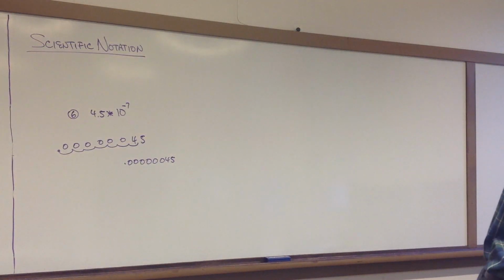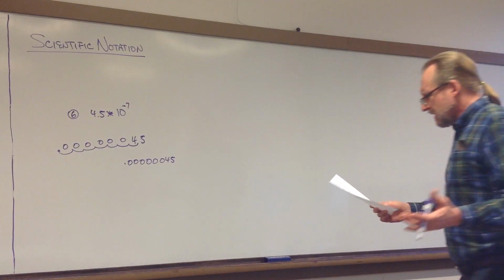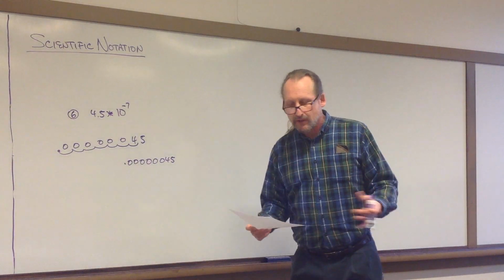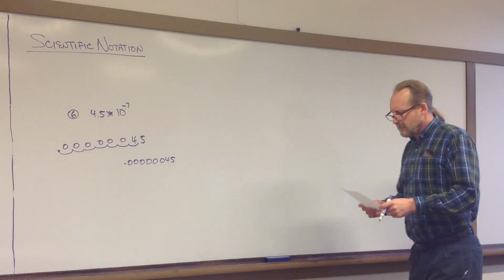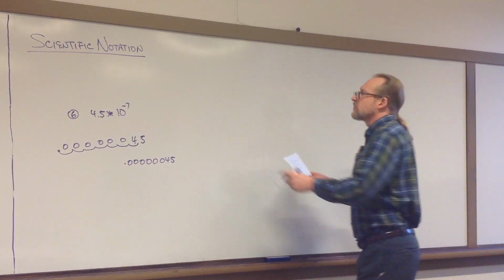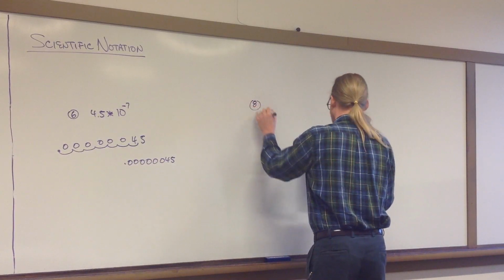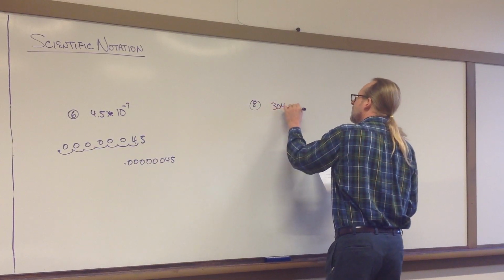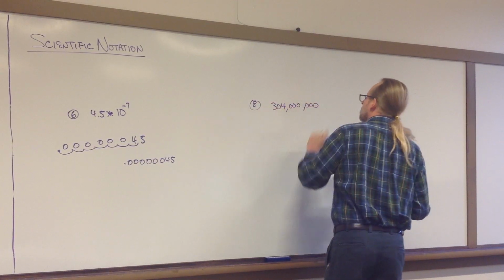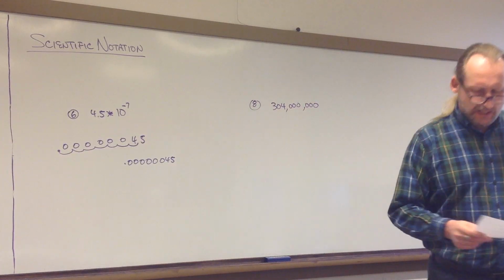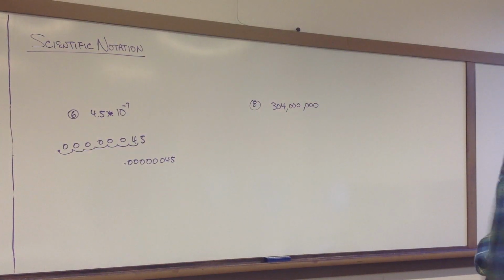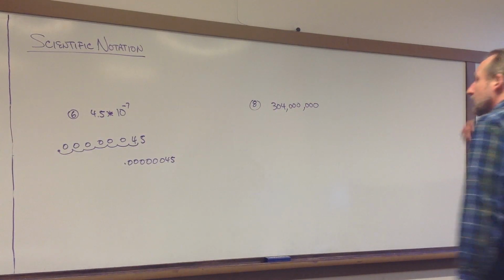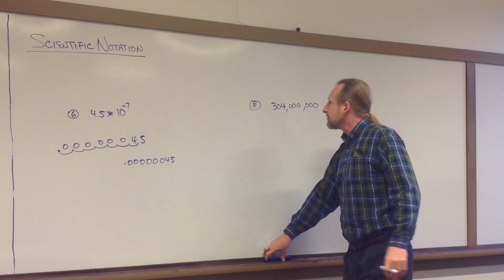All right, now on the next page, we've got very large or very small numbers, and we want to express these in scientific notation. So, problem 8, we've got the population of the United States recently at 304 million. I think the recent census might put that upwards of 320 or 330 million, but we'll have to wait and see.